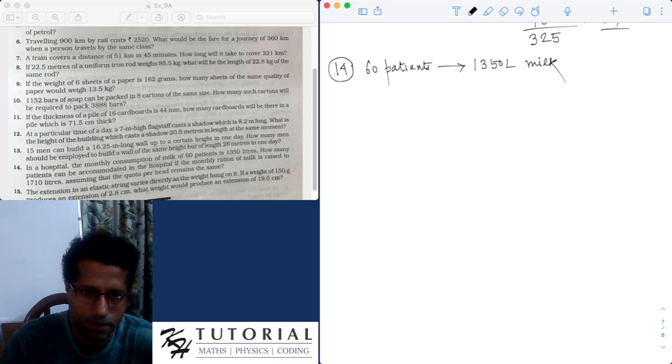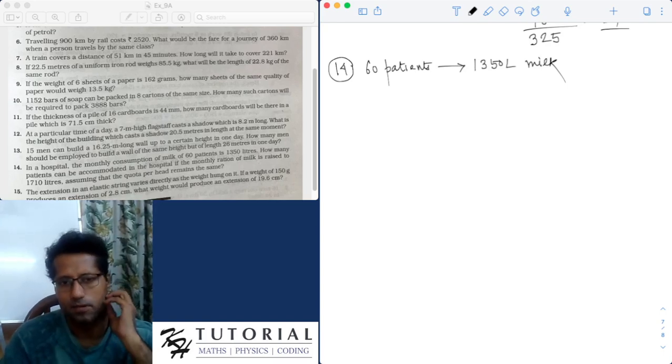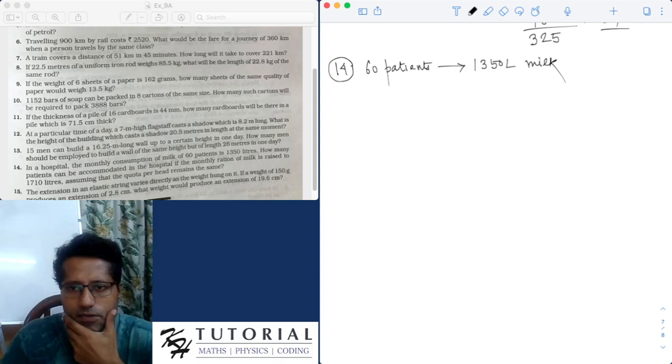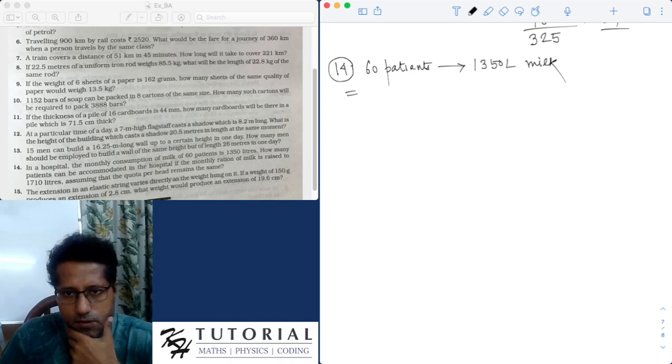Assuming that the quota per head remains the same, meaning the amount of milk that a single patient consumes in a month. So 60 patients consume 1350 liters of milk in a month.